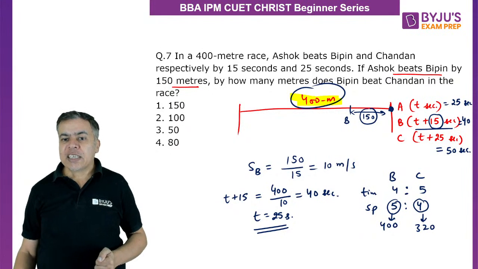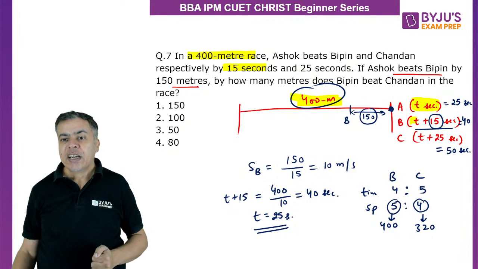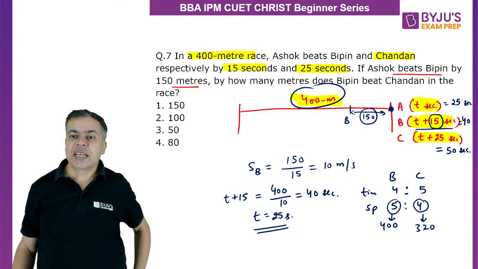The total race is 400 meter, given. A is beating B by 15 seconds, so if A is taking T seconds, B is taking T plus 15. And A is beating C by 25 seconds, so C is taking T plus 25 seconds.